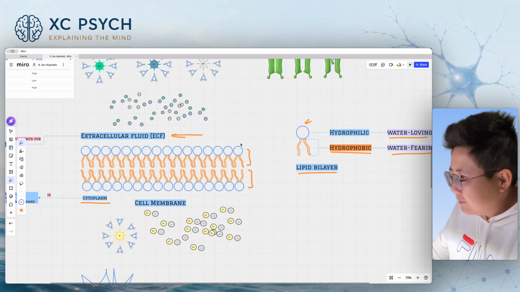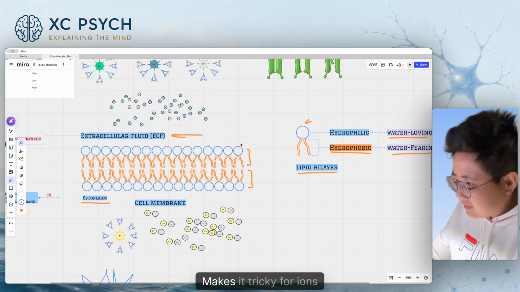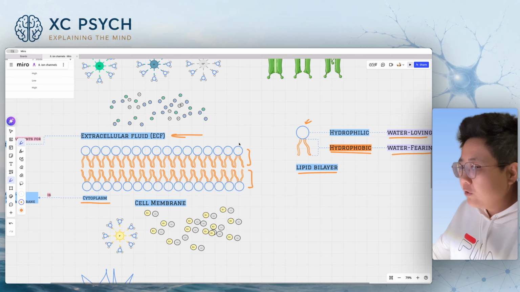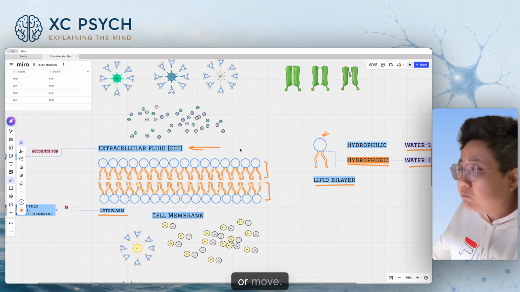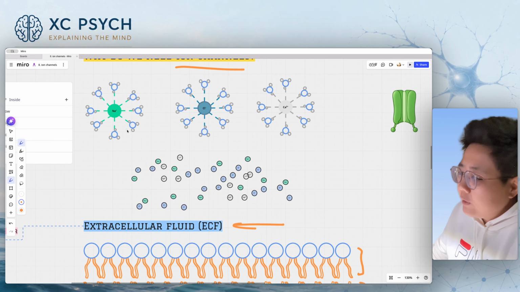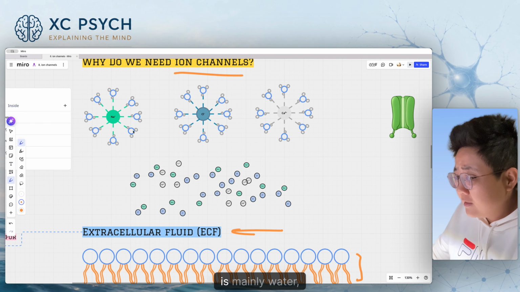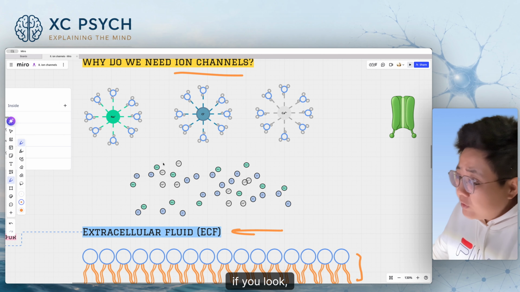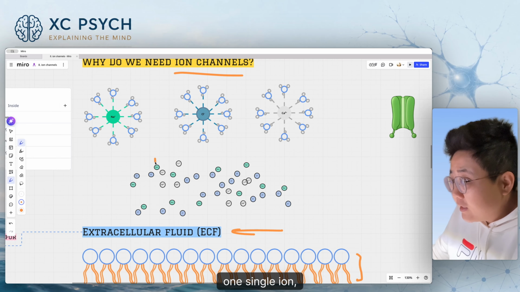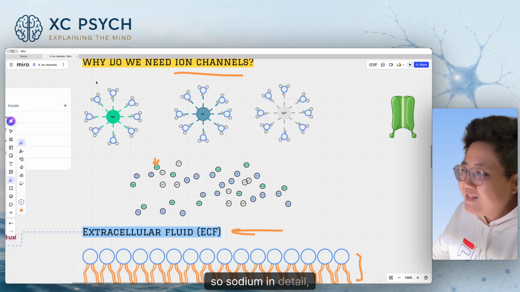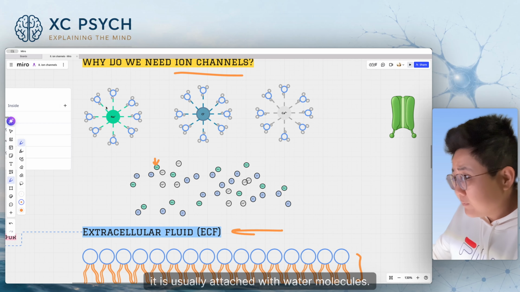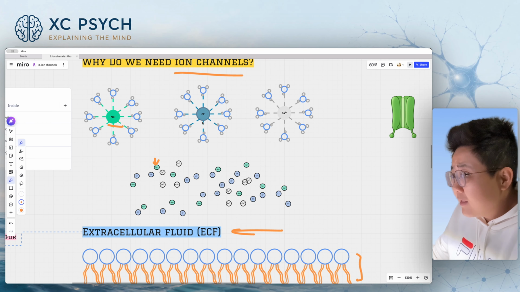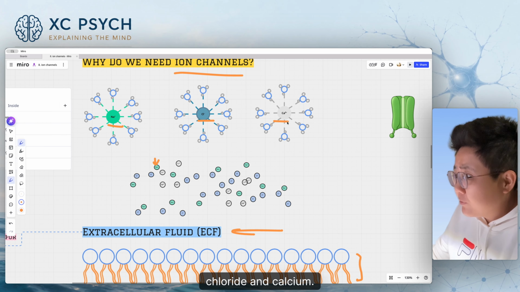And so why does this design make it tricky for ions to travel or communicate or move? Because outside is mainly water, if you look at one single ion, like sodium, in detail, it is usually attached with water molecules. Same with chloride and calcium.